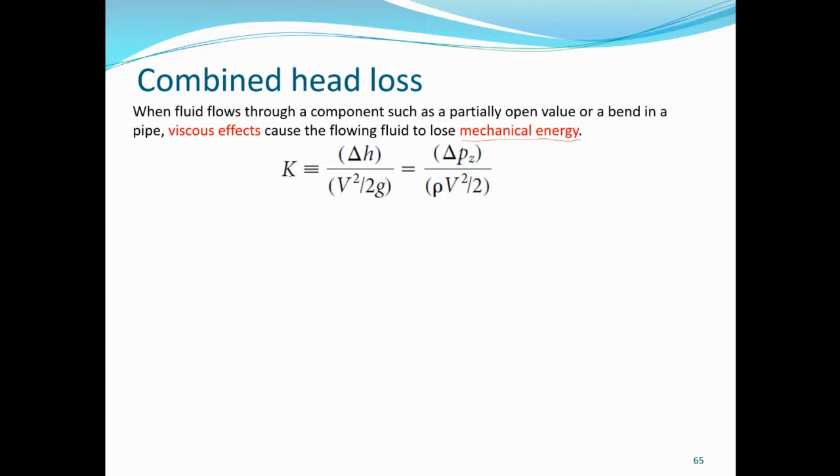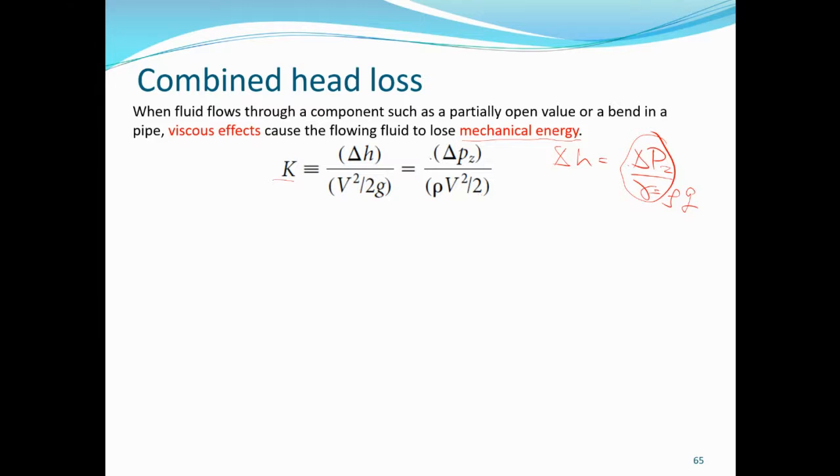And the minor loss coefficient is simply delta H over the velocity head, which in terms of pressure is the change in the piezometric pressure over the kinetic pressure. This is the kinetic pressure, because we know that delta H is simply delta P_z over gamma, and gamma is rho g.